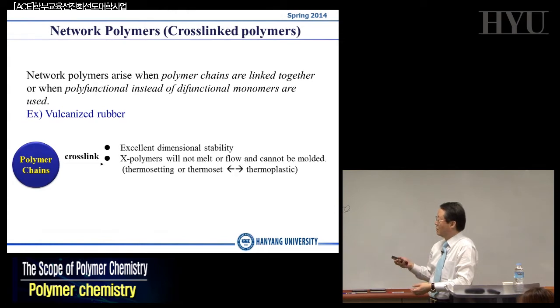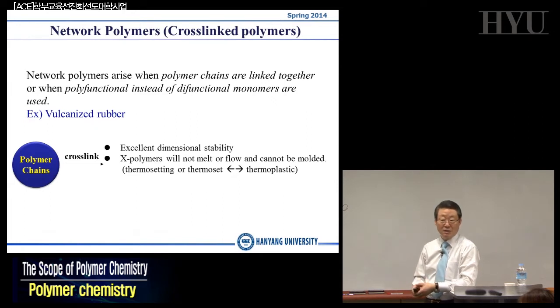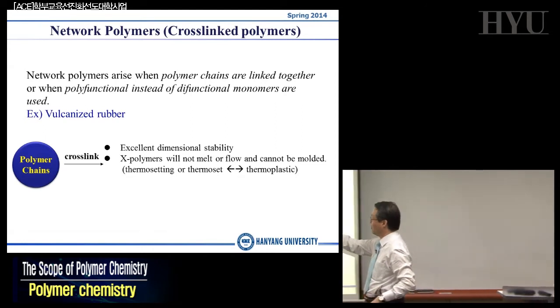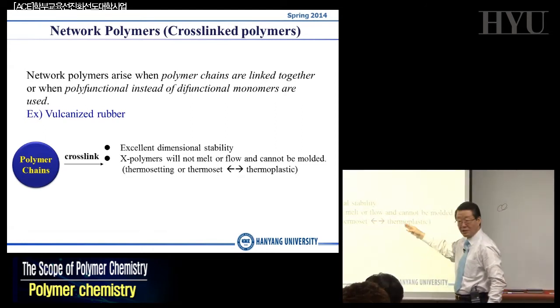The second characteristic of this cross-linked polymer is that you form the thermoset. Thermoset means, I think I will introduce it in the next slide, that it will not melt, because of the cross-link. So you can form thermoset plastic rather than thermoplastic.